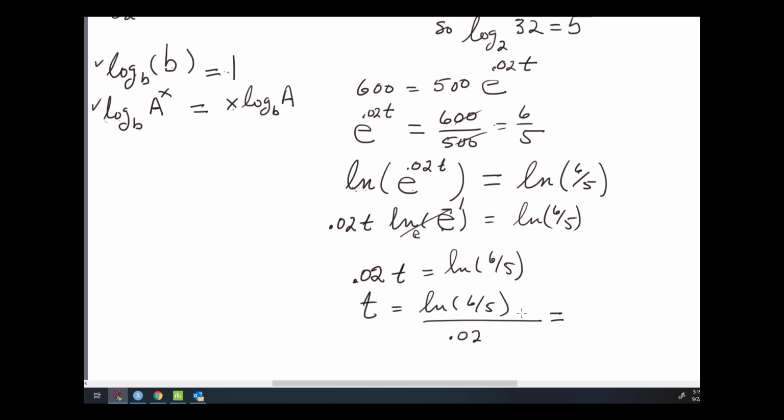The natural log of 6 over 5 divided by 0.02 is 9.12, and this would be years.